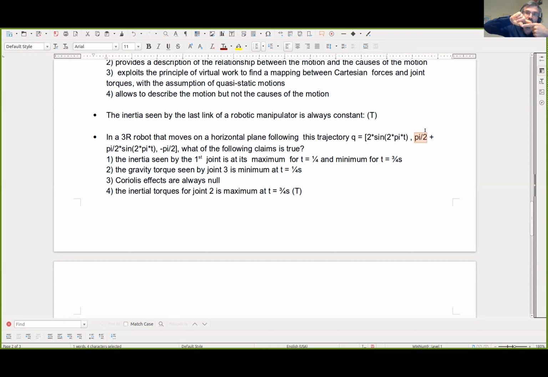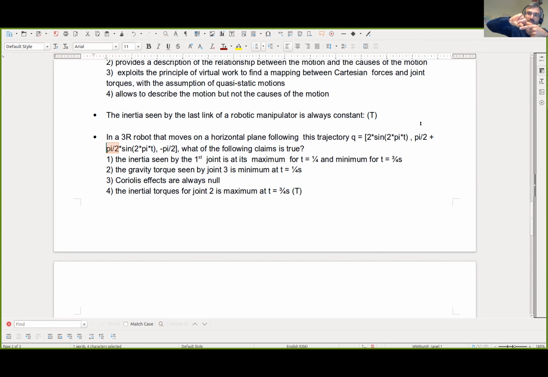The sine goes to 1 whenever, for example, it needs to cover pi half, so at 1/4 of 2 pi it becomes pi half.